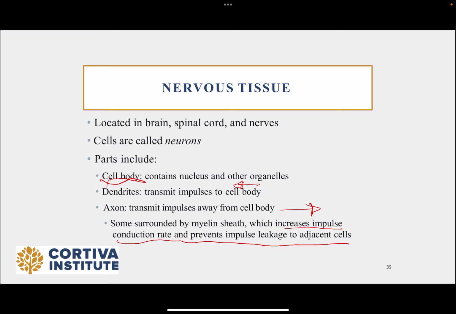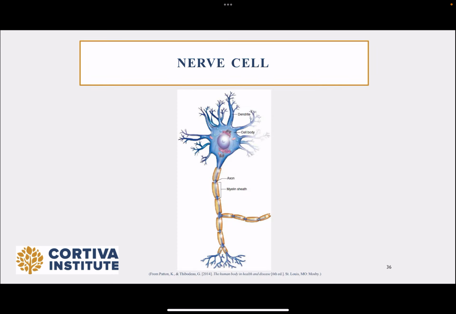So the myelin sheath keeps that nerve impulse, right? That energy that it just received, it's going to keep it along the nerve so that information gets to where it needs to go. But if it doesn't have that protective sheath, it can just kind of go somewhere else by accident. That is the importance of the myelin sheath.